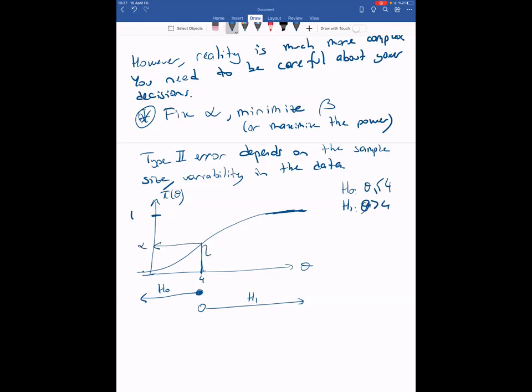At this point, this part shows us the power function at the values, and these parts are the beta values. This part gives us the power function for theta in the alternative space.